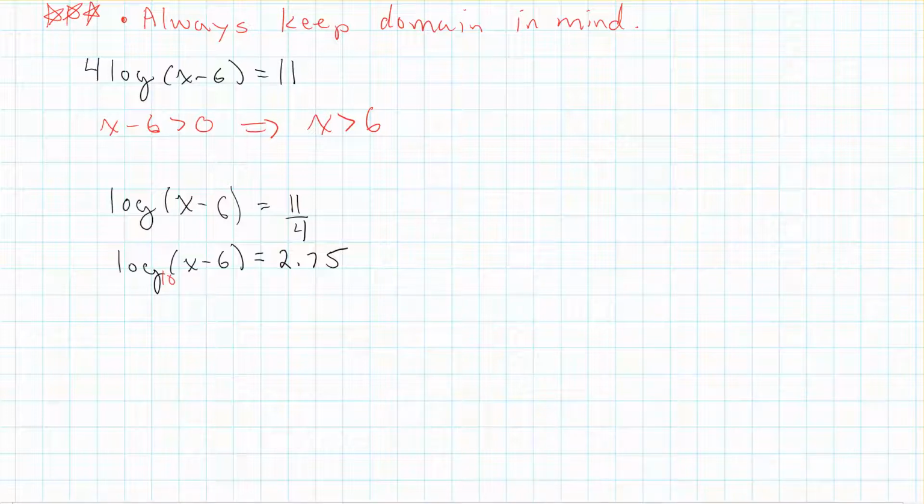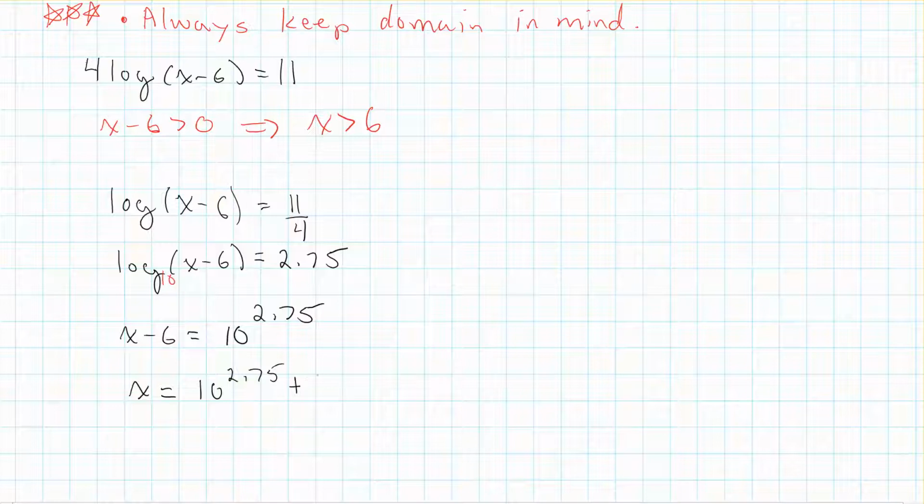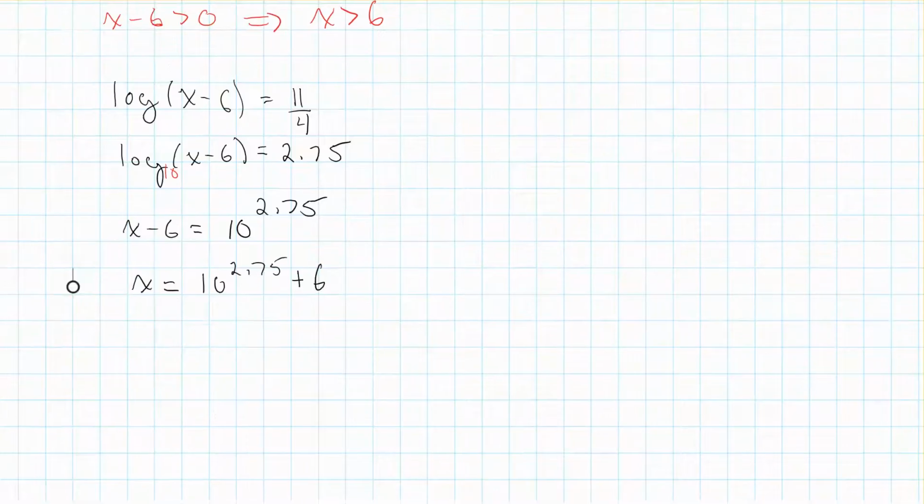So since that base is 10, we would convert this to x minus 6 is equal to 10 to the 2.75 power. And then we add 6 to both sides, and we get 10 to the 2.75 plus 6.